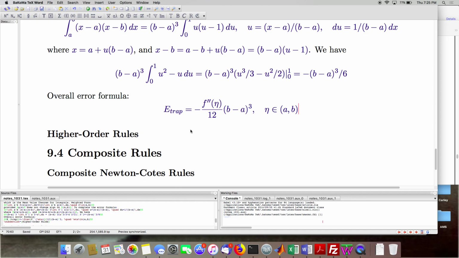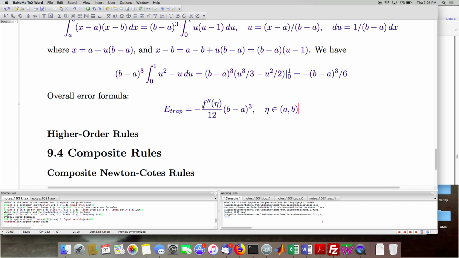Most times, but not always, you don't care about the sign. Although f double prime can be positive or negative. Sometimes it's good to know whether the approximate integral is a lower bound or an upper bound for the exact value. So in cases like that, the sign is helpful.